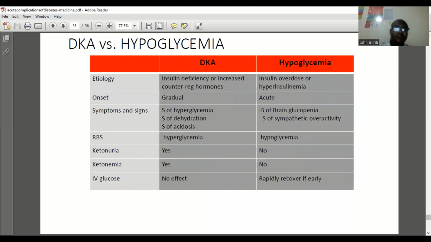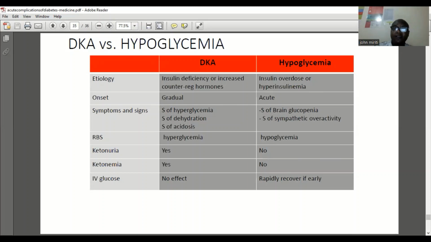So let us see the relationship between DKA versus hypoglycemia. The causes of DKA are either insulin deficiency or increased counter-regulatory hormones, whereas in hypoglycemia it is insulin overdose or hyperinsulinemia. Onset in DKA is gradual, whereas in hypoglycemia it is acute.